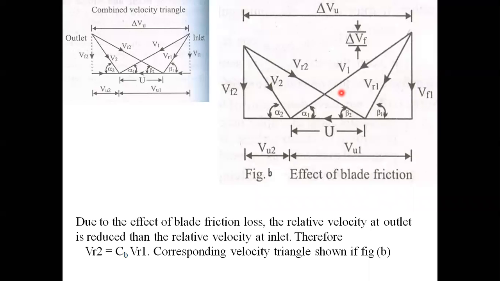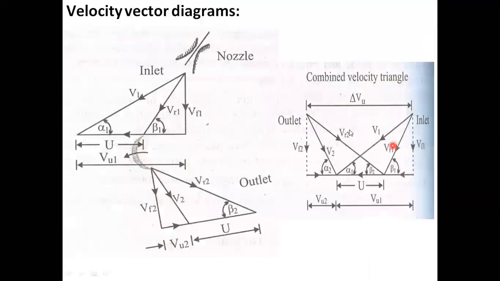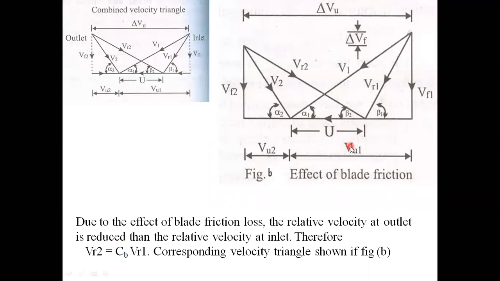See, the only change is in relative velocity: relative velocity VR1 at inlet and relative velocity VR2 at outlet are different. In the first case we considered no friction losses, so VR1 equals VR2. But here VR1 is not equal to VR2, because we have considered friction.